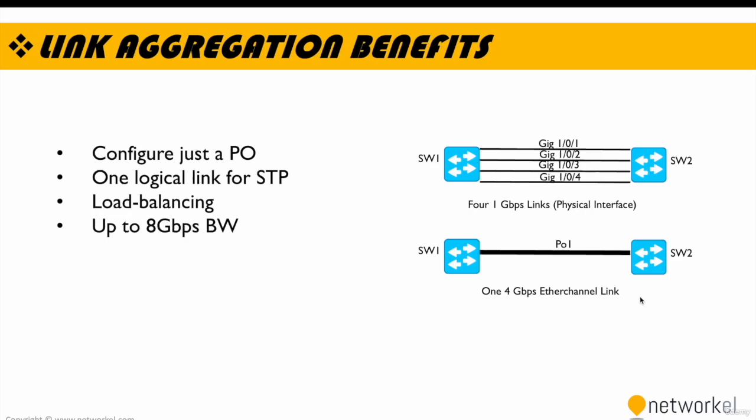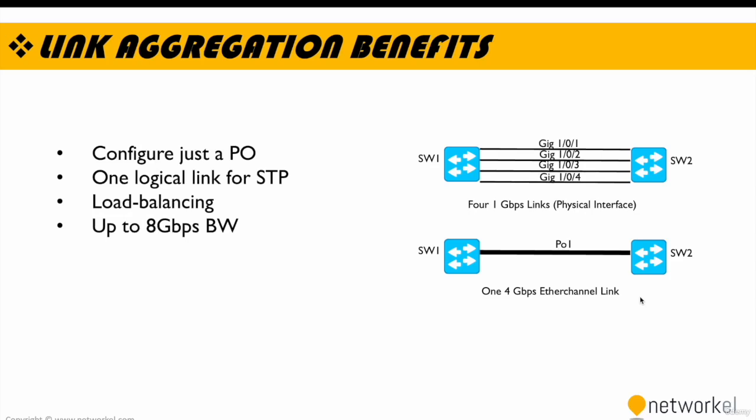Secondly, an Etherchannel is just one logical link for spanning tree protocol. So if any interface in this Etherchannel goes down, for example, let's say gig 101 went down, spanning tree recalculation is not made again. That is just one link for the spanning tree protocol, so spanning tree is not really a concern if you are using link aggregation.